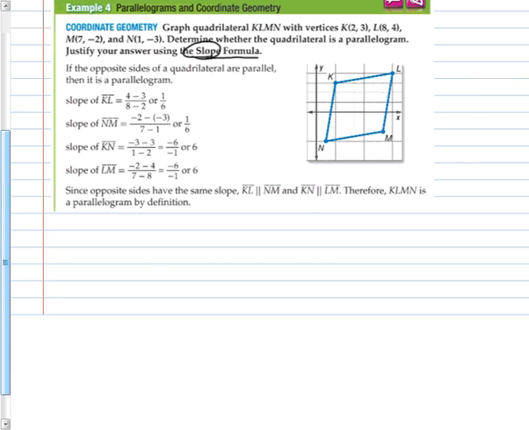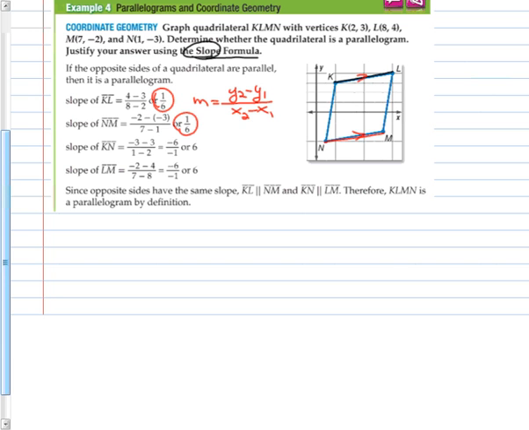So what they did for slope KL, in order to get this slope, they used the slope formula. What is that slope formula again? There we go. There's our slope formula. They took the second y minus the first y over the second x minus the first x, and they got 1/6. And when they did the opposite side, they got 1/6.